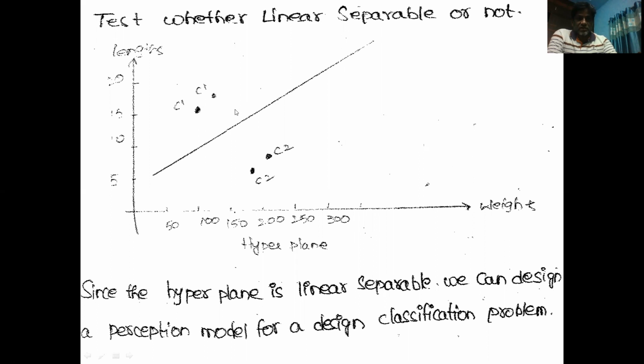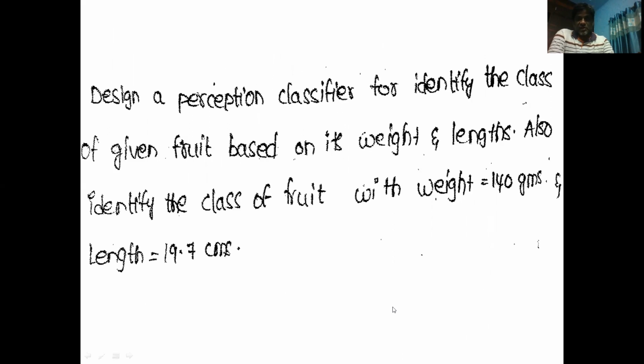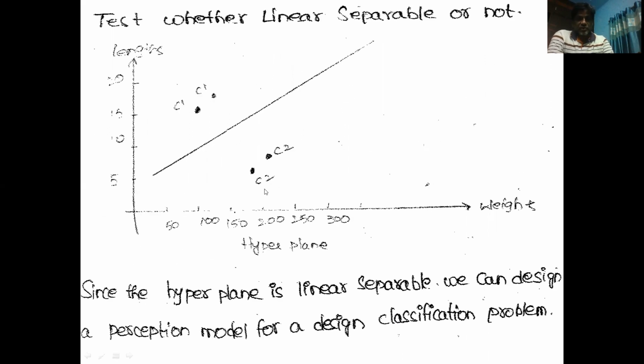These two points are represented over here. The remaining two are 210 comma 9.4 and 195 comma 8.1. You can represent them as 210 comma 9.4 and 195 comma something over here, a value around 8. So these two come over here.